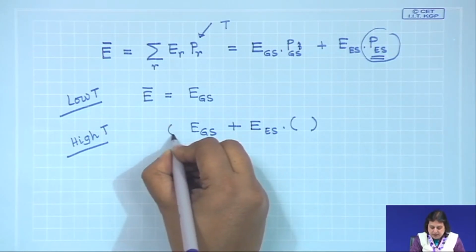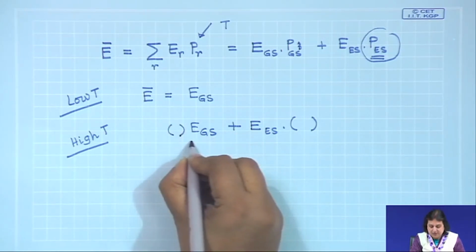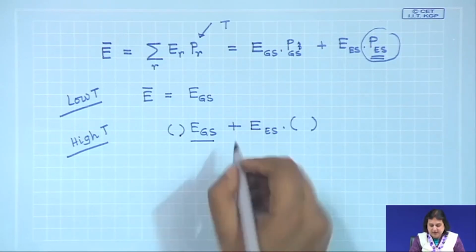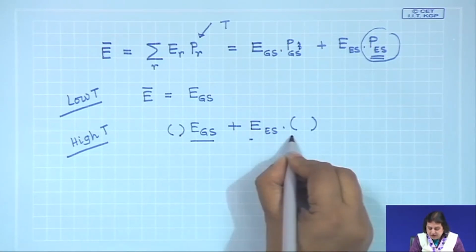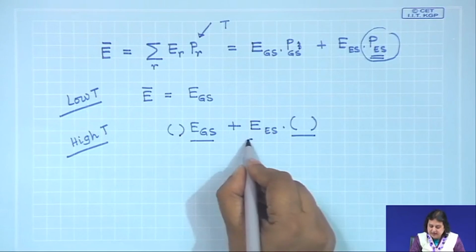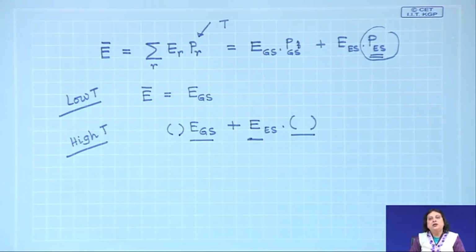So, this will be the fraction of population in the ground state multiplied by the ground state energy plus fraction of the population in the excited state multiplied by the first excited electronic energy. As a result, you start seeing the correction terms appearing in terms of the internal energy.